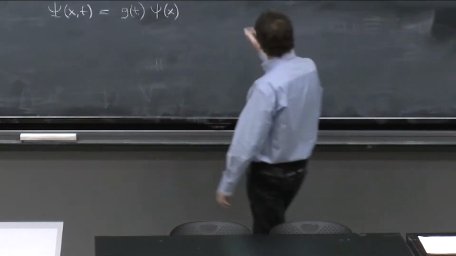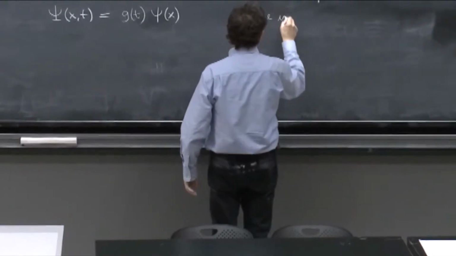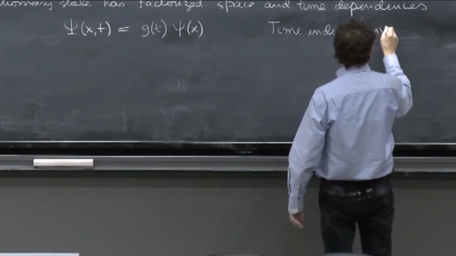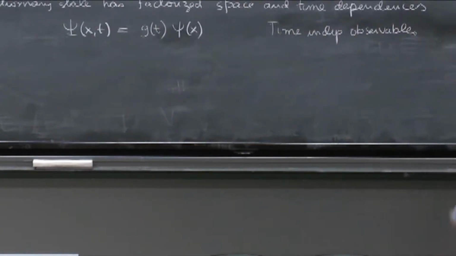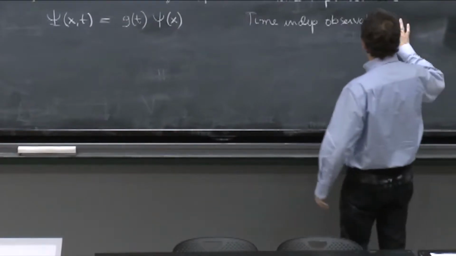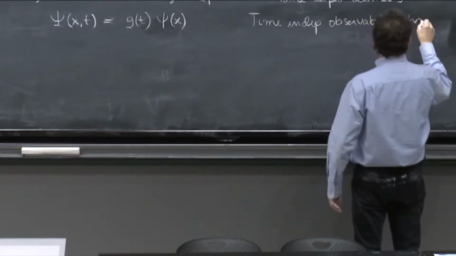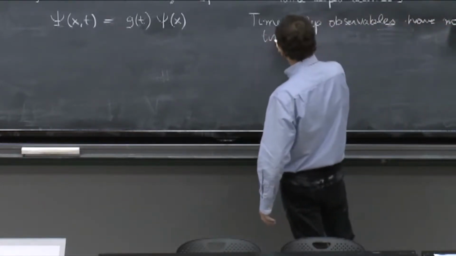So what we call time-independent observables are all observables that are familiar at this moment: the Hamiltonian, the momentum, the position, the angular momentum. Time-independent observables have no time dependence.